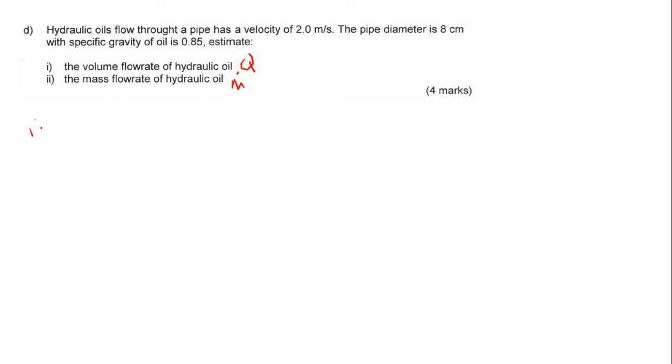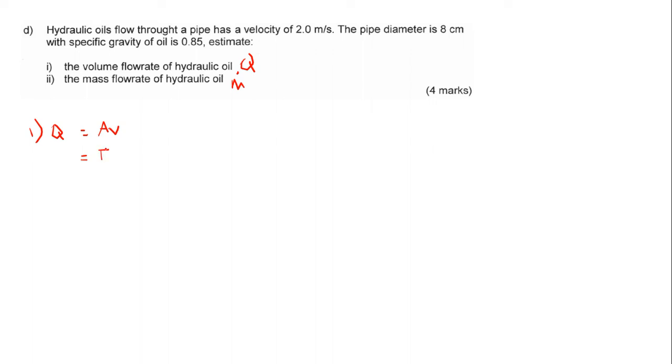How can we do that? The Q, again, A times V. So what's the area? Pi r square.